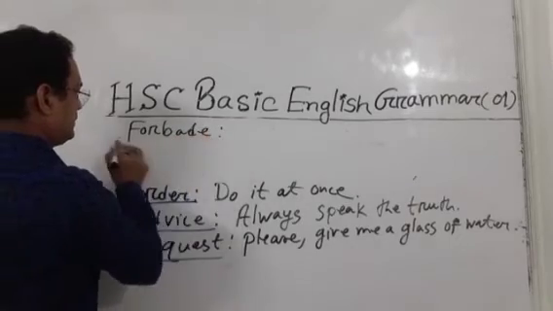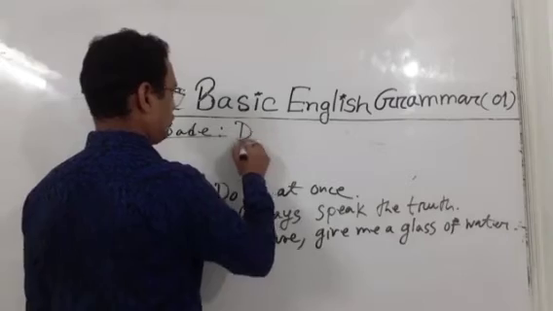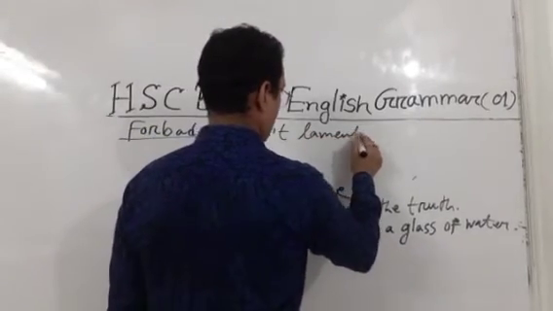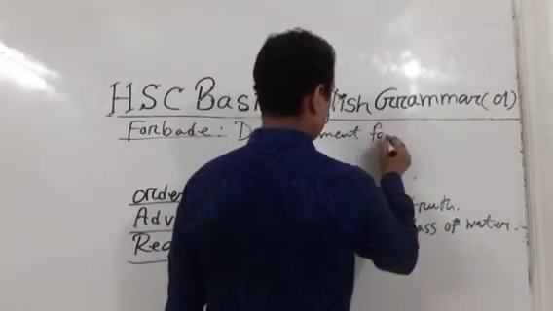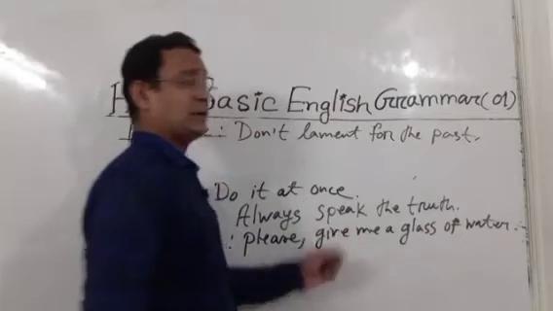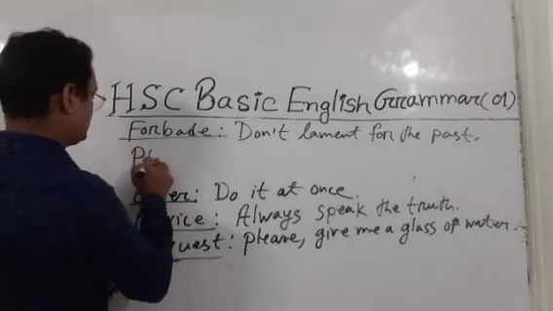Forbid. Suppose this line, don't lament for the past. Someone tells you not to lament for the past. It's a forbid. Don't lament for the past. Now propose.